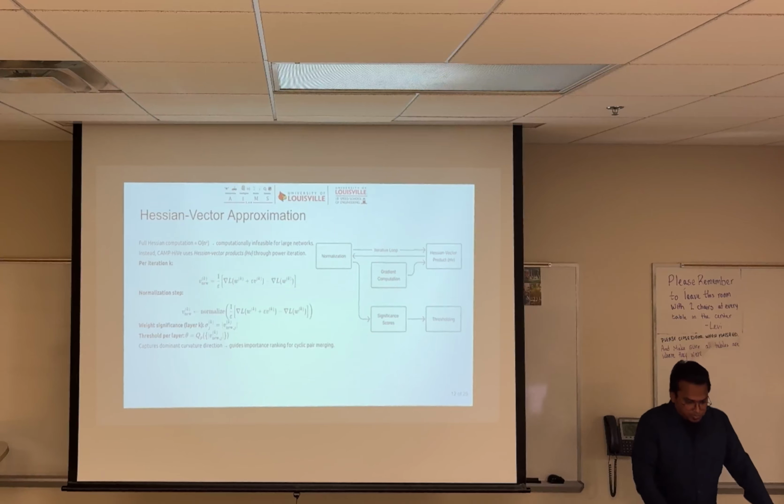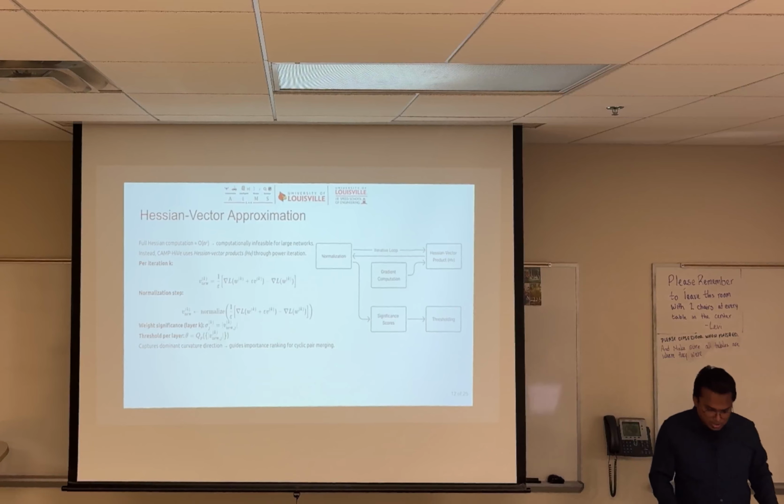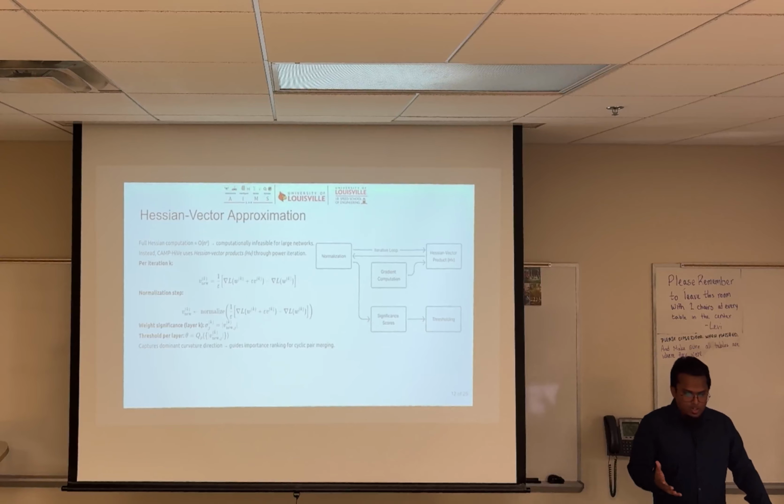So the direction tells us which way the loss surface is, where the most important weights are and where the less important weights are, I mean the sensitivity. We approximate Hb using gradients, with no need for second order differentiation.